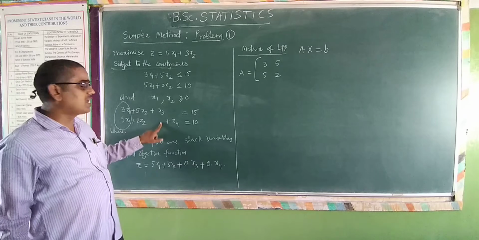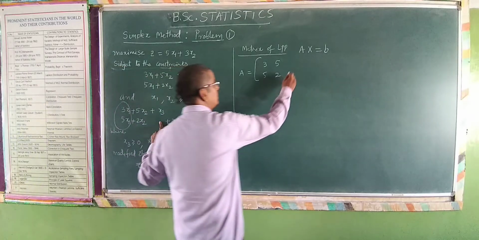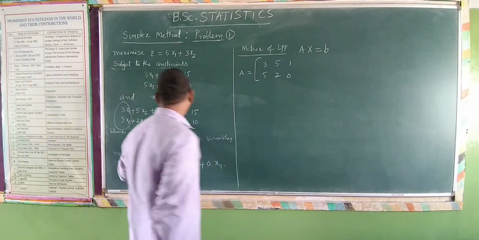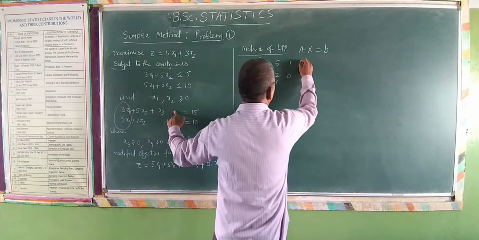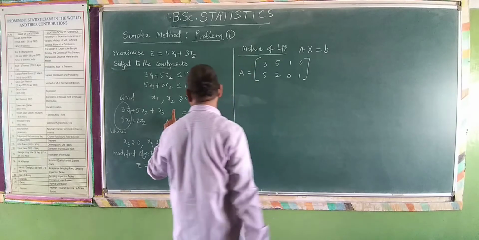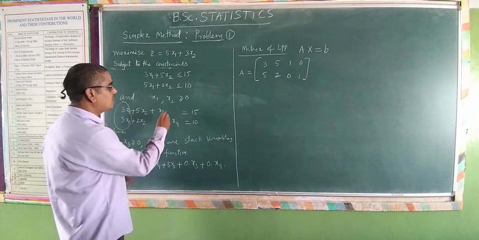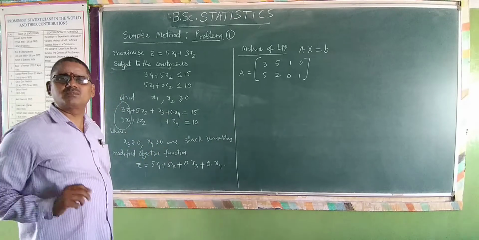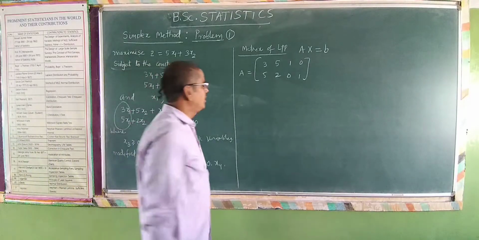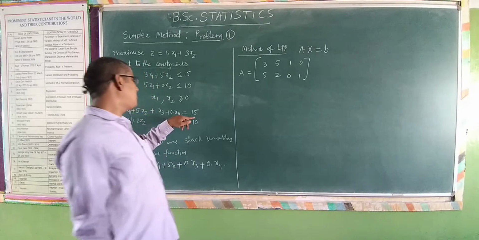There is no x3 here, therefore the coefficient is 0. So it is 1 and 0. For x4 there is no x4 here, the coefficient is 0, so 0 and 1. If you want to write it, you have to write 0 into x4, but there is no need to write it, you can directly do it because you are mathematics students. You can easily write it.